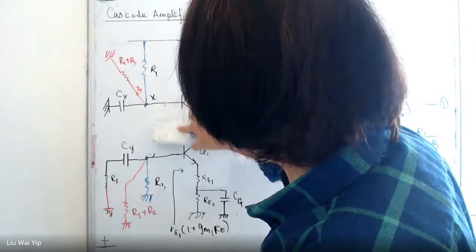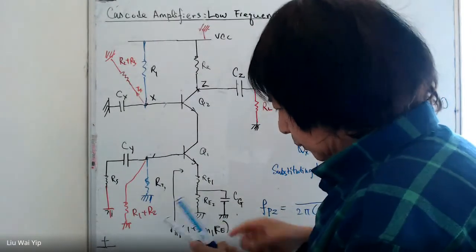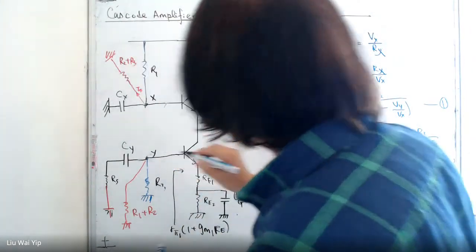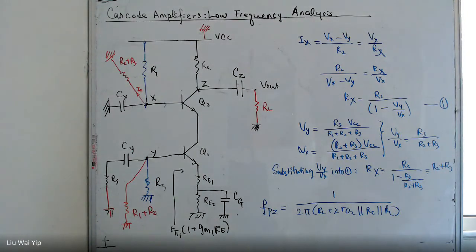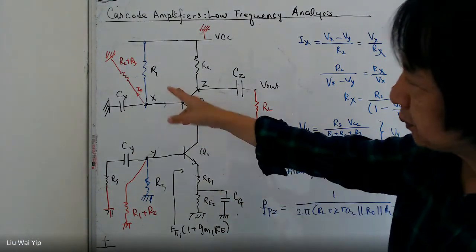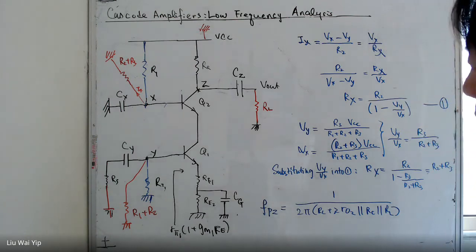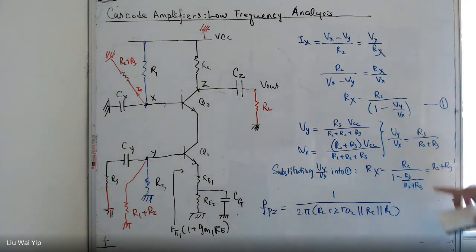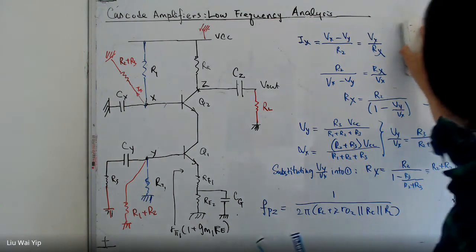We don't need this now. I think this is the safest means of finding the low frequency nodes. And here I think it is good enough, and then I can just move on.